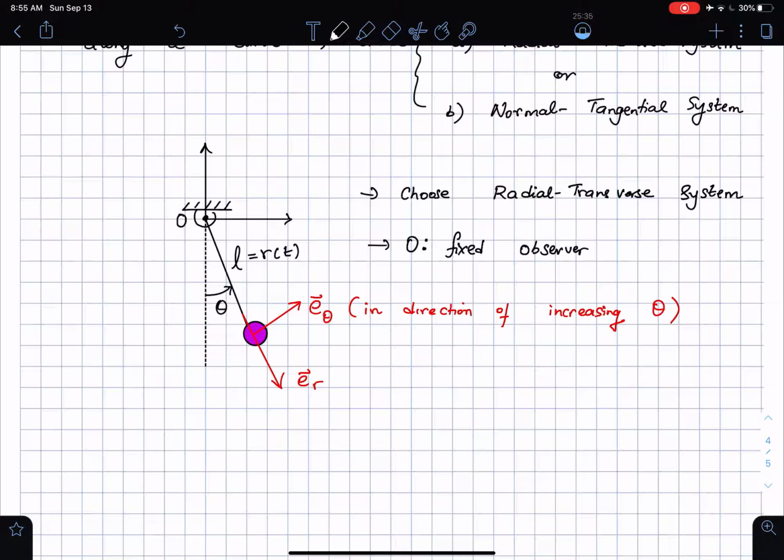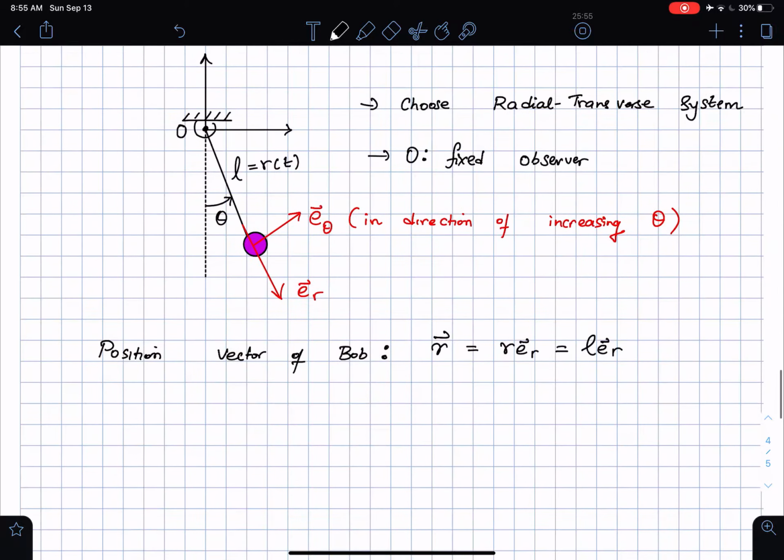So with respect to the fixed observer O, the position vector of the bob is going to be r, which is r times e_r, or L times e_r.